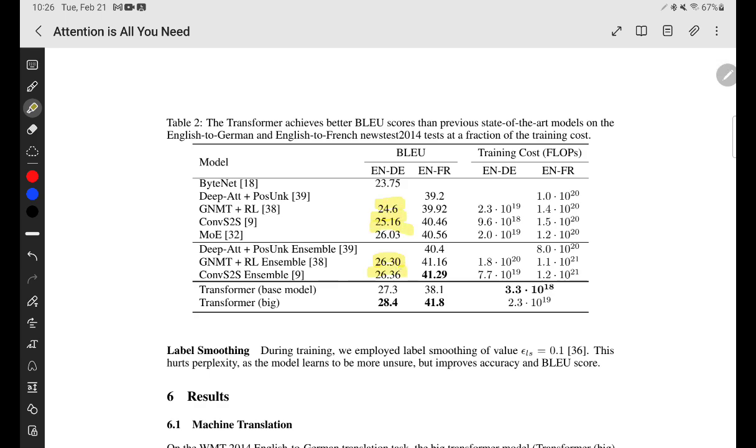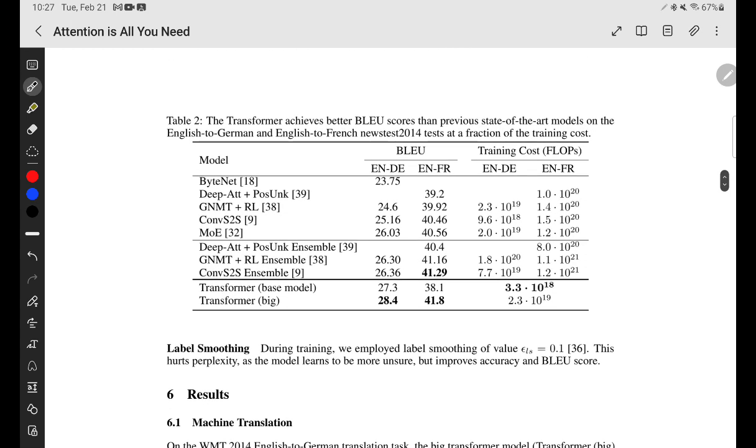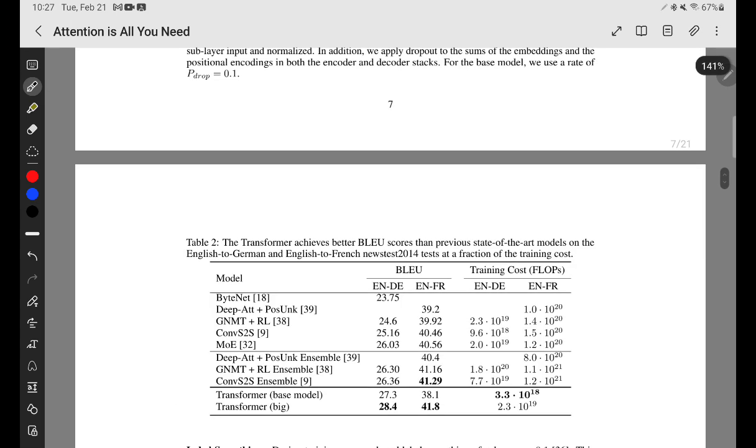Those were the BLEU scores, so higher is better. In this case, I think that's English to German, English to French. The higher the score, the better the translation is. And you can see that it's getting a lot better results than the rest. So it just shows how powerful this architecture is, and it's why it's built into everything.